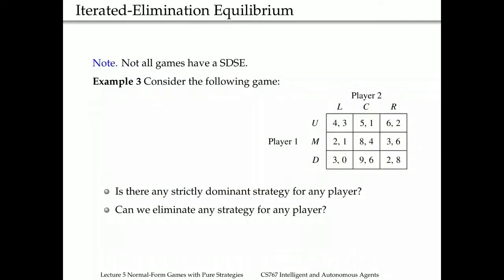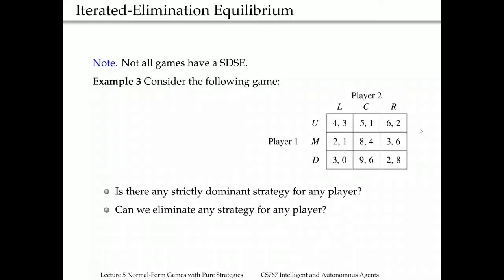Also, one of the other problems with SDSE is that there are some cases where we do not see an SDSE. For example, if you have this game, you see that neither of the players has a strictly dominant strategy.